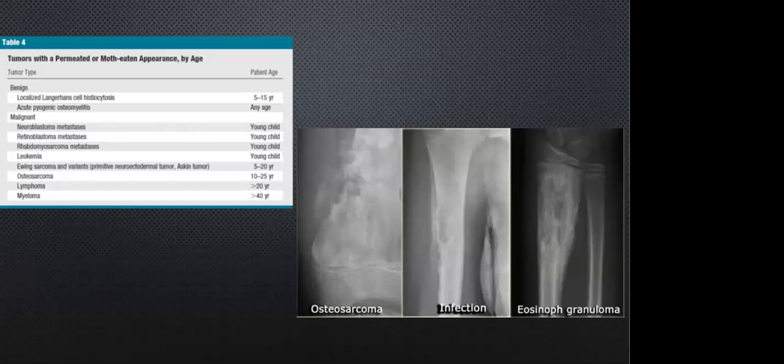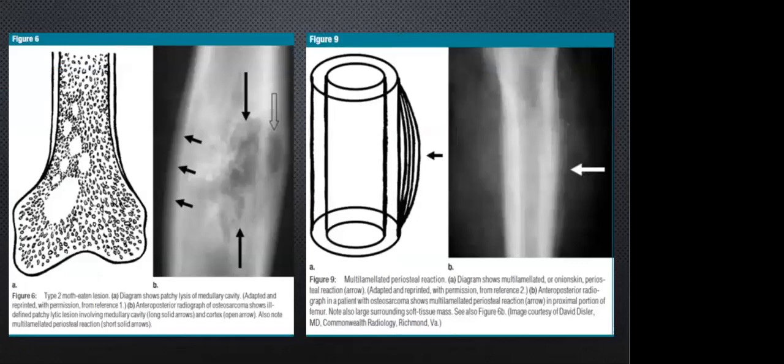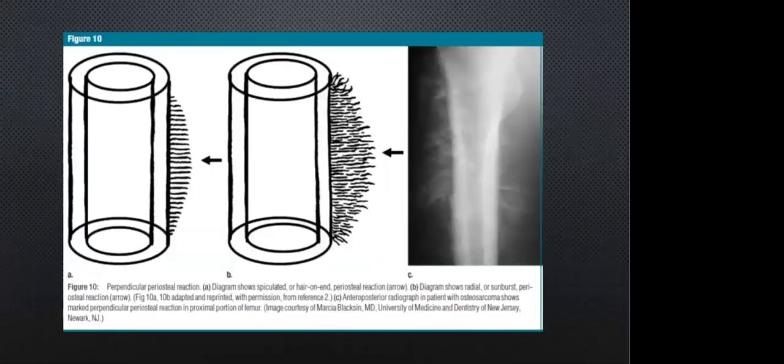Também nos traz três exemplos de lesões com características que poderiam, as exceções, né, ser uma lesão maligna, mas que ao final, por exemplo, uma infecção: ela tem uma lesão mal definida, lítica, pode ter reação periosteal, tem tudo para ser maligno, mas é benigno. Então, nos fala dos diferentes tipos de reação periosteal.